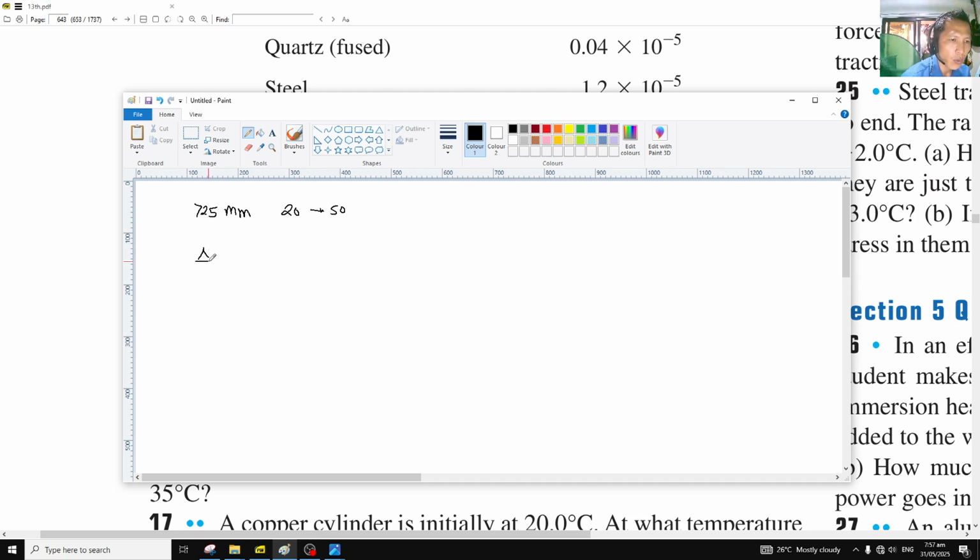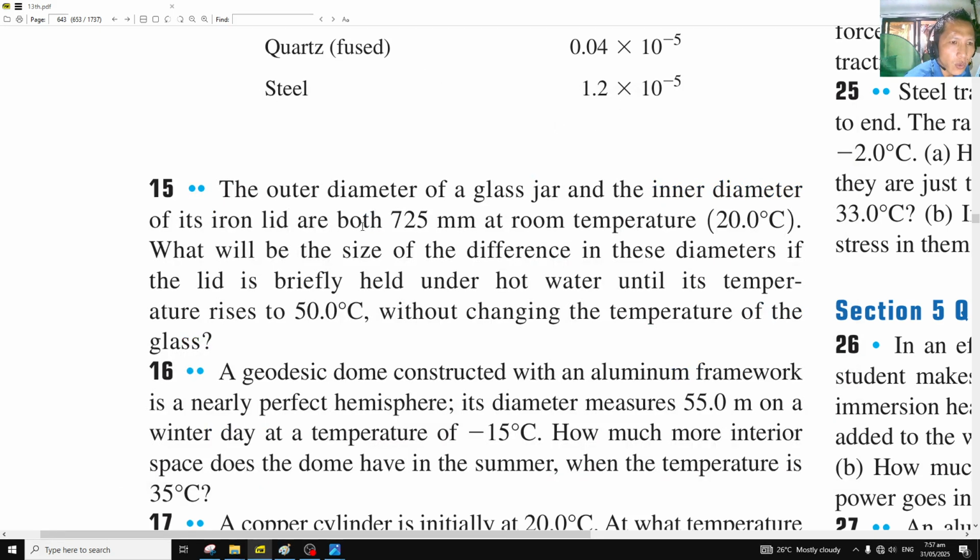Therefore, we can compute the delta L, or the change in diameter. Delta L would be your alpha for your steel, which is 1.2. The iron lid is steel.